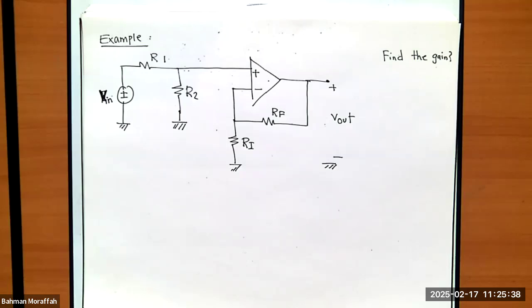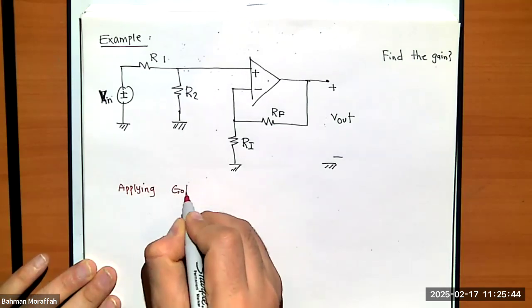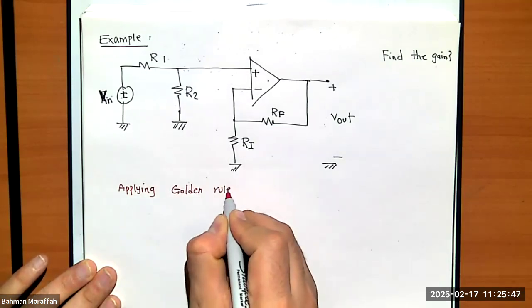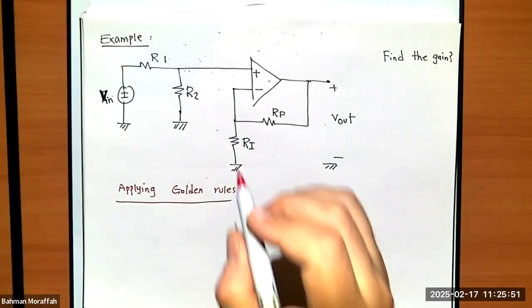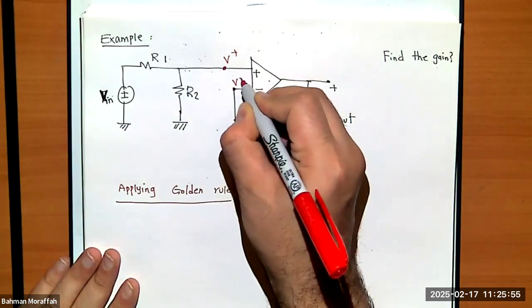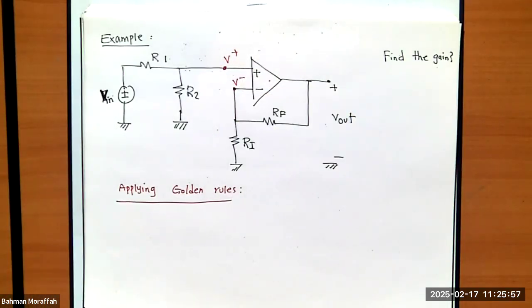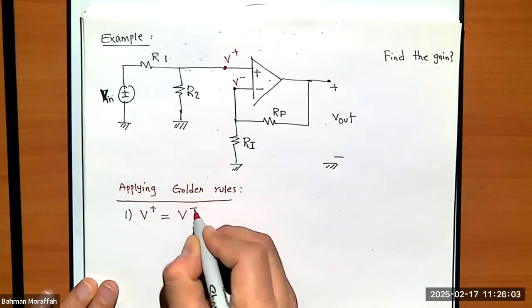Let's apply golden rules. What do we have? We know if we call this thing over here V plus, this thing over here V negative, V plus must be the same as V negative. So the first rule is V plus is exactly the same as V negative.